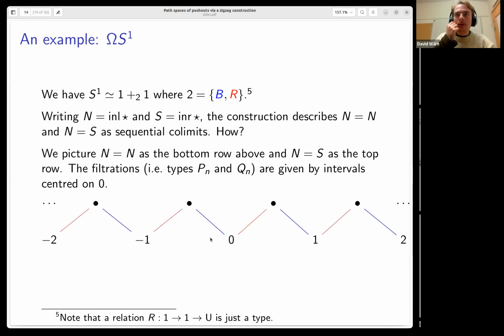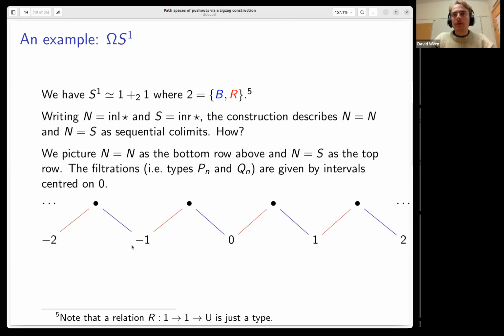You can picture north equals north as the bottom row in this diagram. I've truncated the diagram at the left and right edges. And in particular, it has this distinguished base point, reflexivity, which I call 0. And then in the top row, I've pictured north equals south, this path space, which doesn't have a distinguished base point unless you pick a favorite element of your 2-element type.